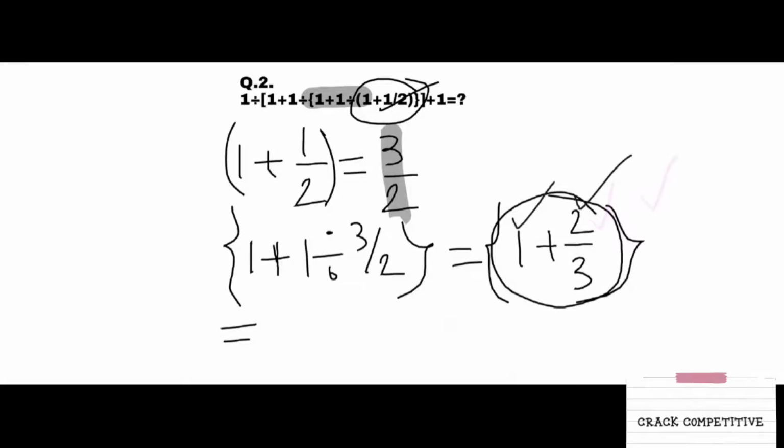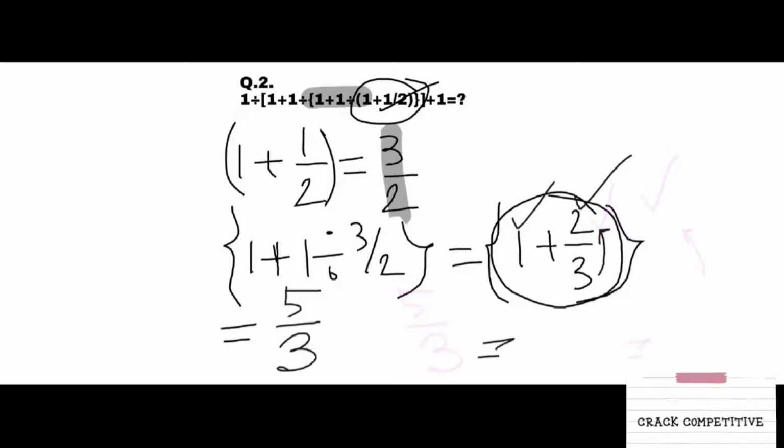Whenever there is a 1 plus any number in fraction form, what will you do? Just add this, and the addition will be in the numerator and the denominator.